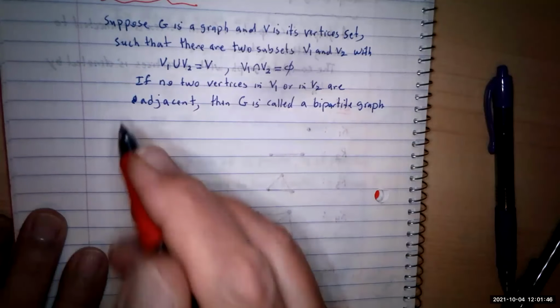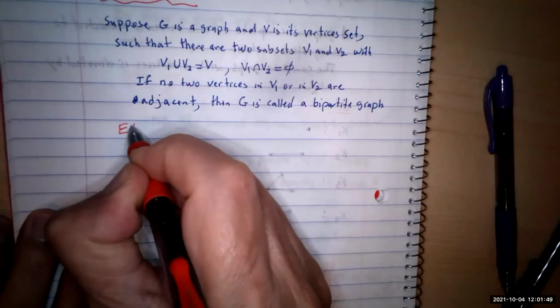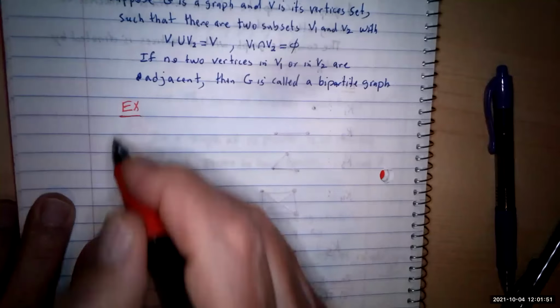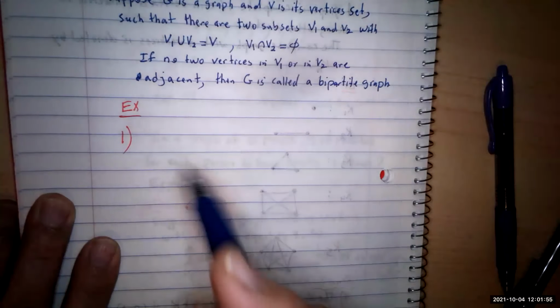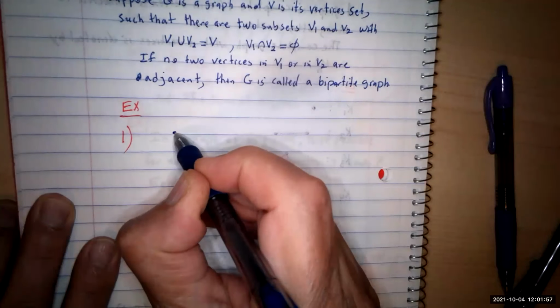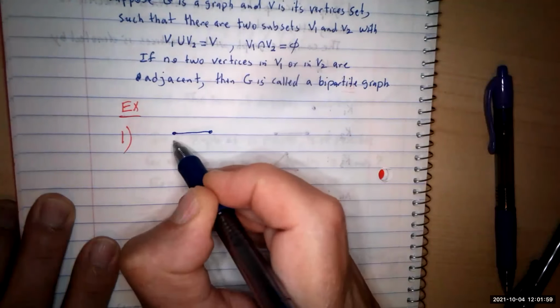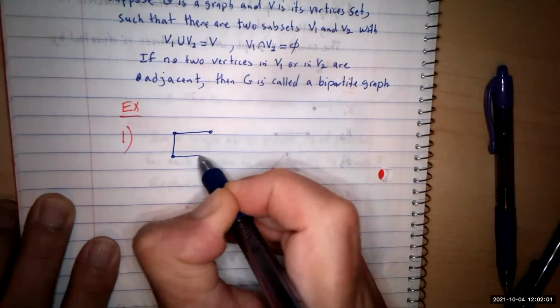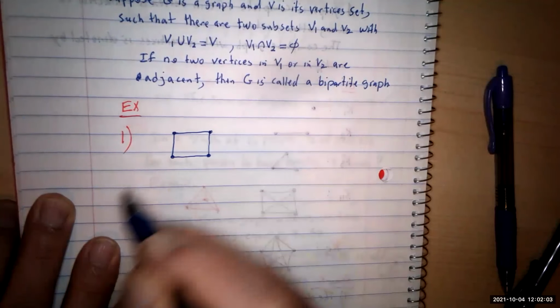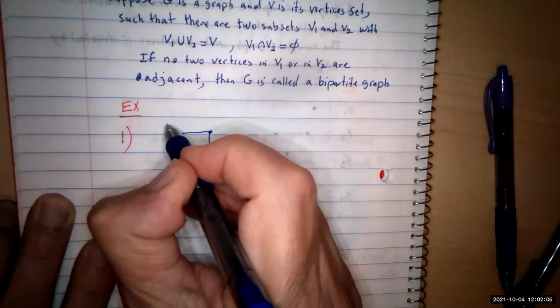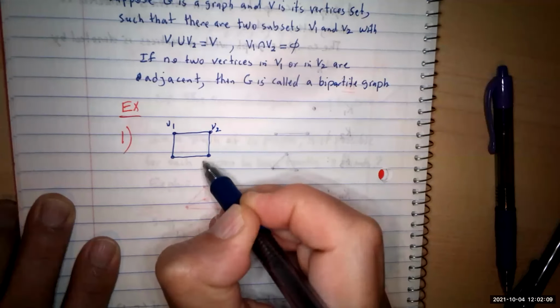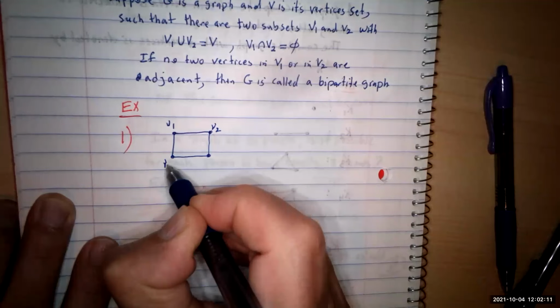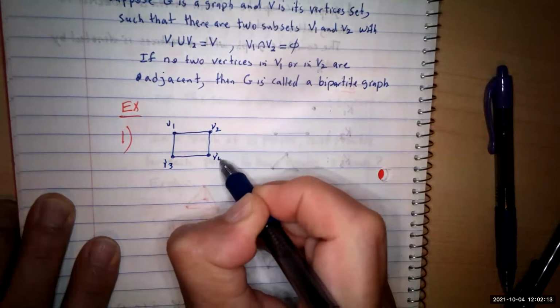Example. First one. Look at this graph. This one, V1, V2, V3, and the V4.